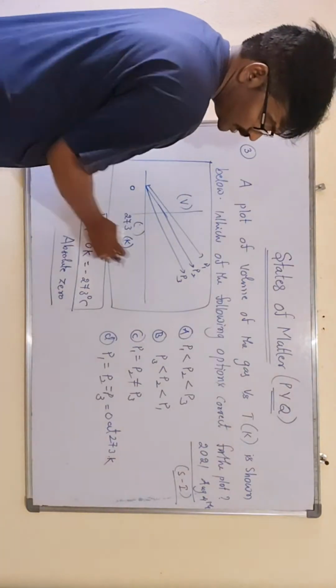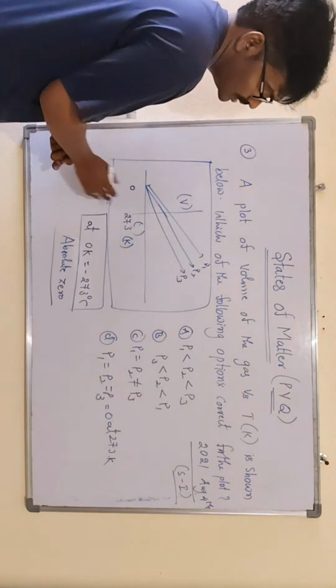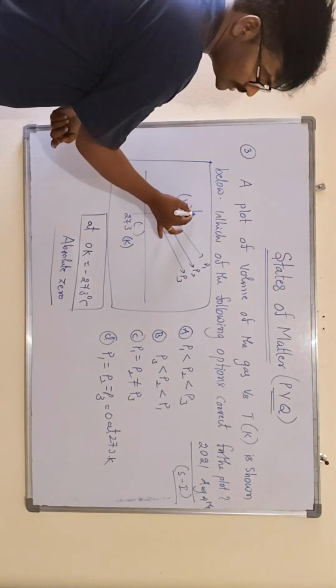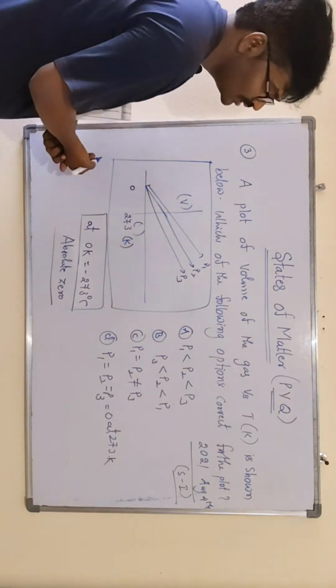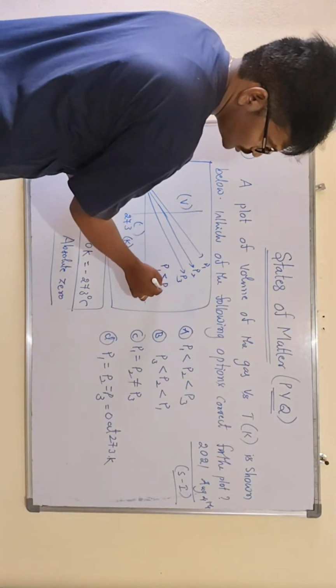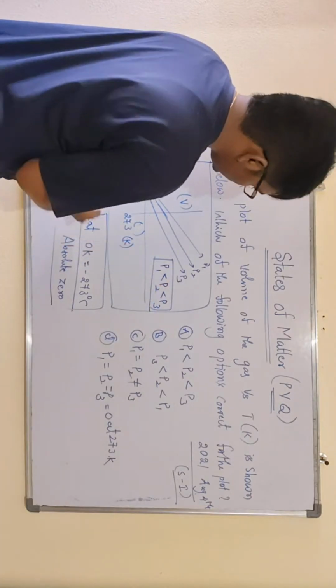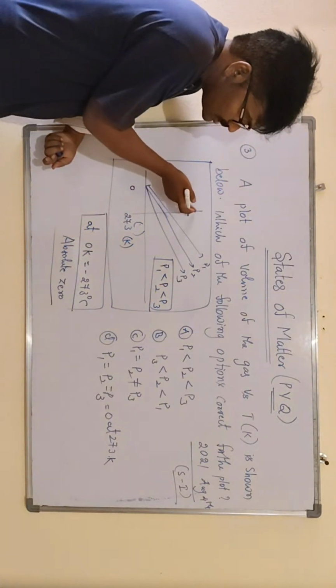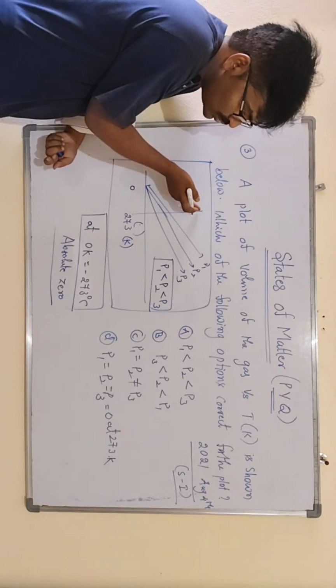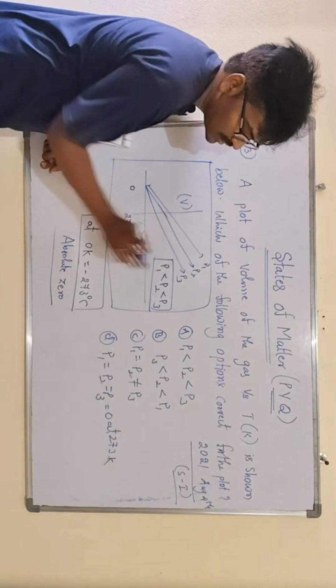So if we observe pressure here, with pressure and volume, as volume increases, pressure decreases, right? So P1 is less than P2 than P3. Once again, listen carefully. As volume increases, pressure decreases, so P1 is lowest, then P2, then P3.